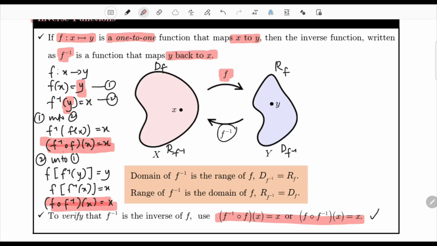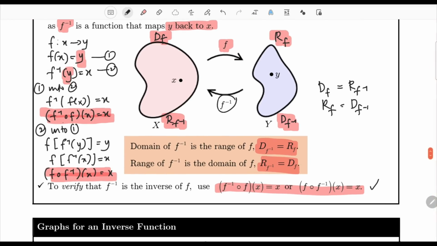Notice that domain of f equals range of f inverse, and range of f equals domain of f inverse. To restate it, this is also important.